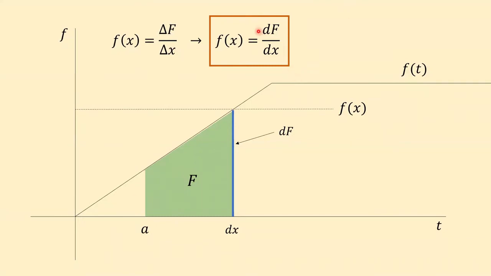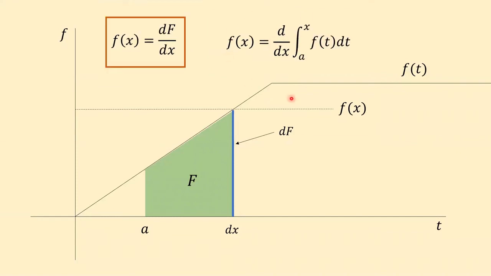Now, the way you've probably seen this presented in a book is not with this capital F. It's this way, because remember what capital F is. Big F is the area from t equals a to t equals x, and x is the variable that you can move around. That's what this says. The integral of f of t dt from t equals a to t equals x is the area under that curve, and we are taking the derivative with respect to x of that area.